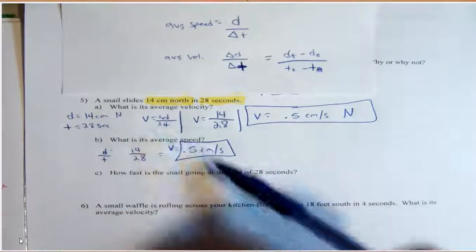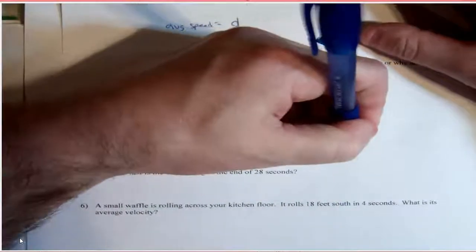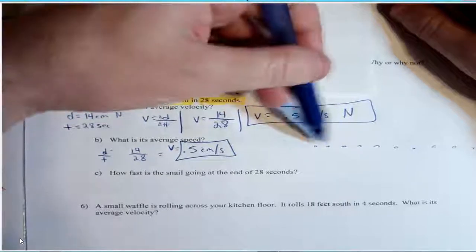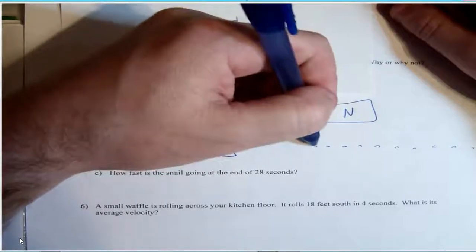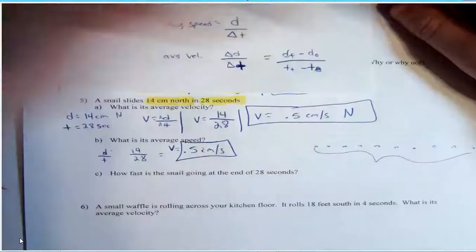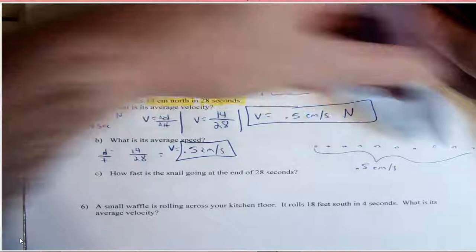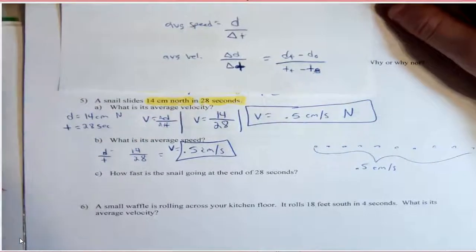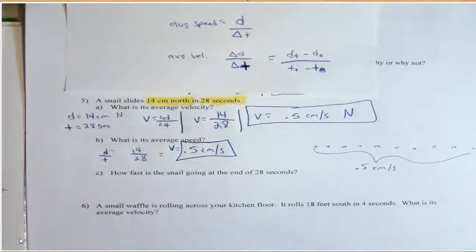We only know average. So just to put this in perspective, if this is the total track, each one of these points is a speed. We don't know what speed it's going at each point. We just know overall, on average, it was going 0.5 centimeters a second. That's all we know. We don't know how fast it was going here or here, but on average it was going this fast. Okay, so for C, we don't know.